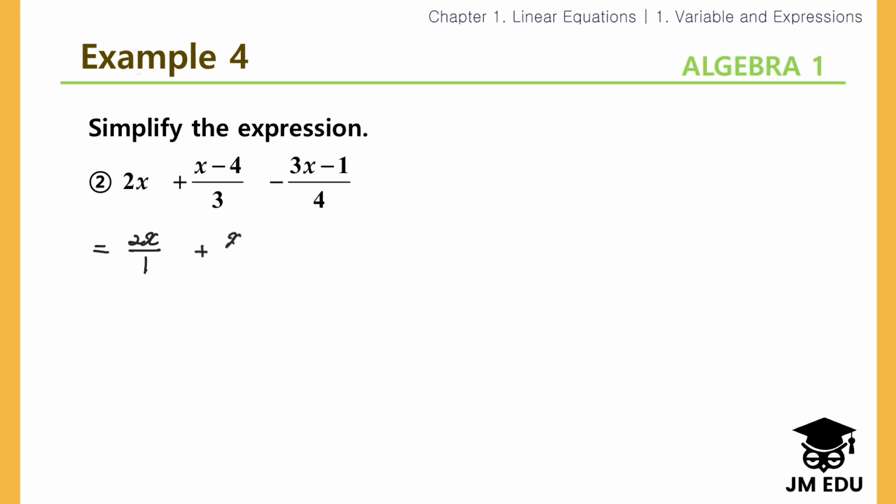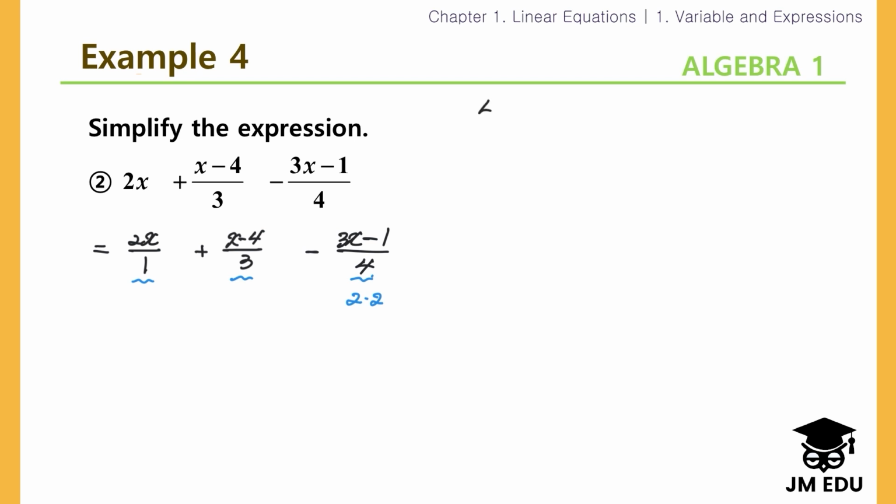Plus (x minus 4) over 3 minus (3x minus 1) over 4. So we have denominators 1, 3, and 4, which is 2 times 2, right? If it's not a prime number, write the product of the prime numbers.